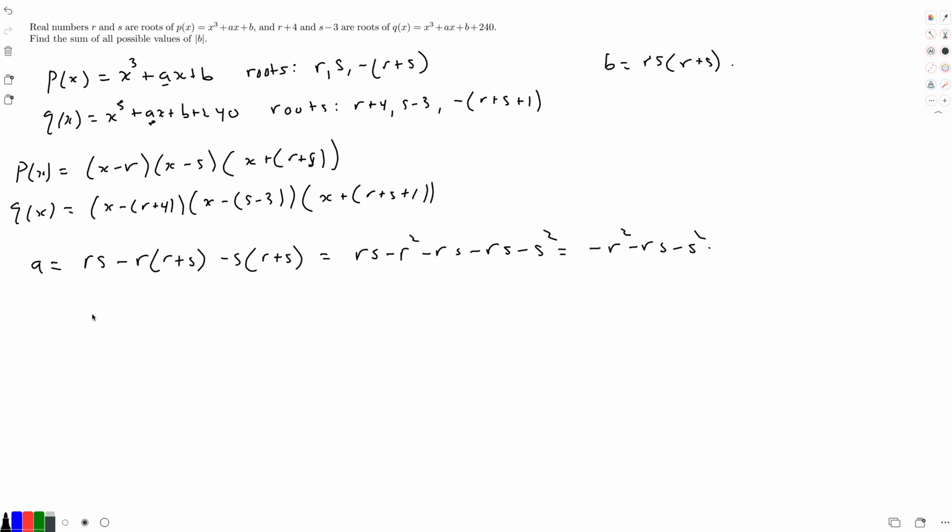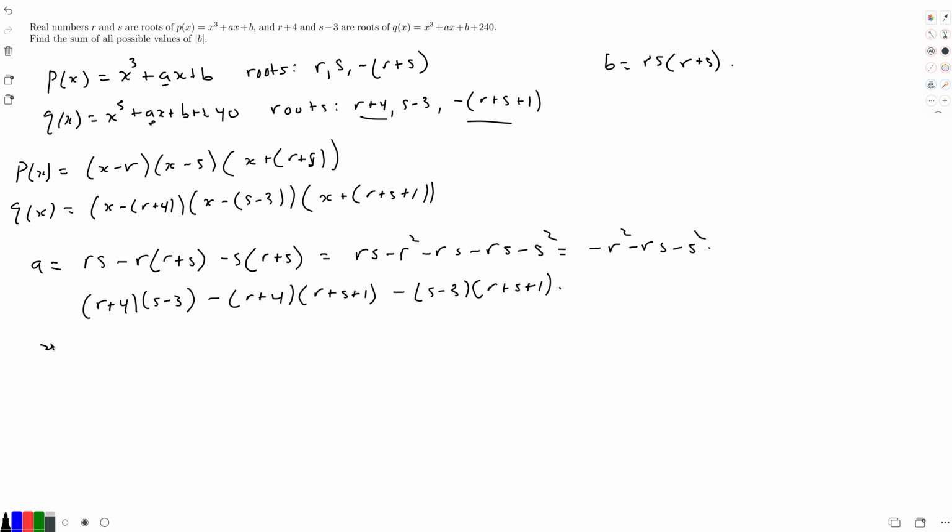Maybe it's a little bit more involved, but it shouldn't be too hard as well. (r plus 4) times (s minus 3), and then we need to multiply these two, right? So let's just bring out the negative first, (r plus 4), and then this is (r plus s plus 1), and then same thing over here, we bring out the negative, (s minus 3) times (r plus s plus 1). That's good.